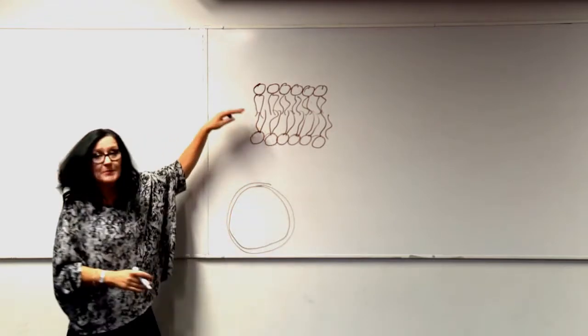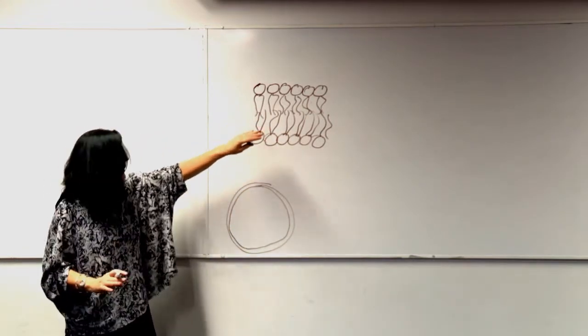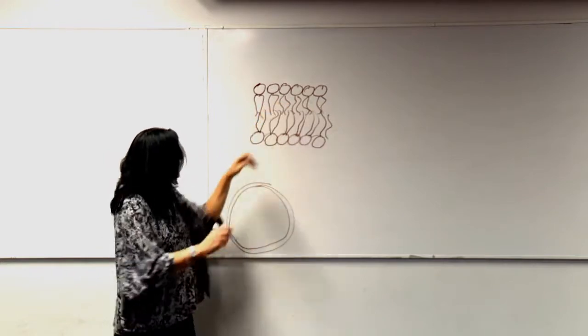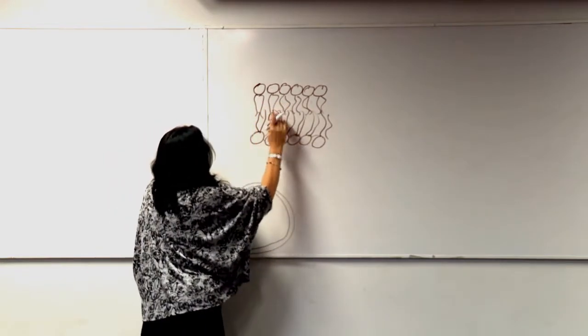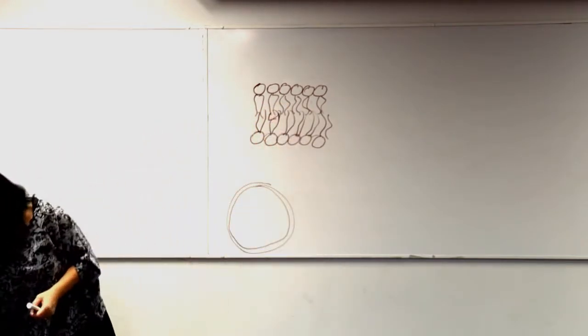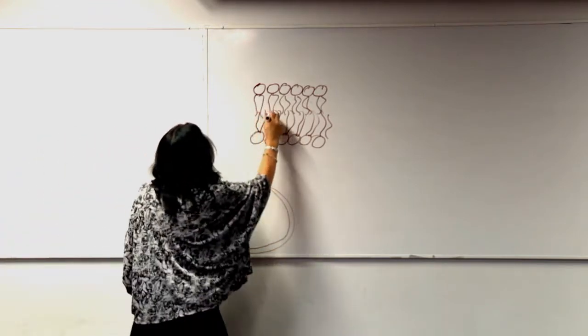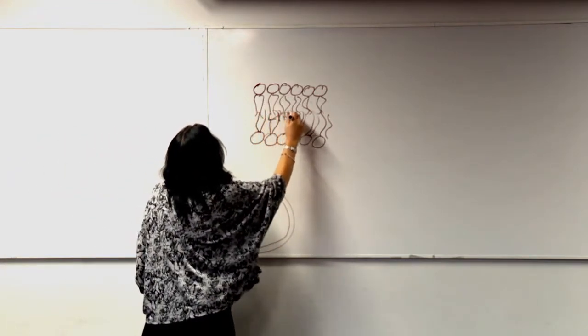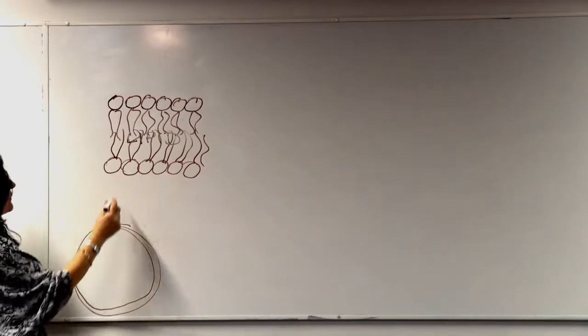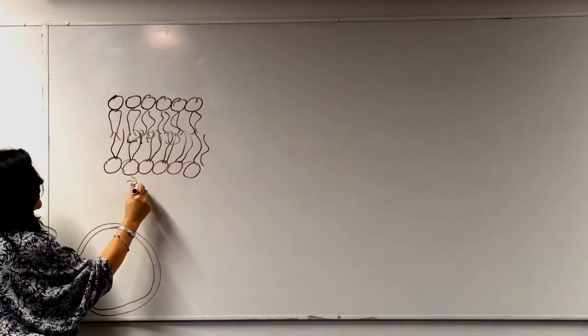The lipids in the middle don't want to be in contact with the water. So we have lipid in the middle and phosphates there.